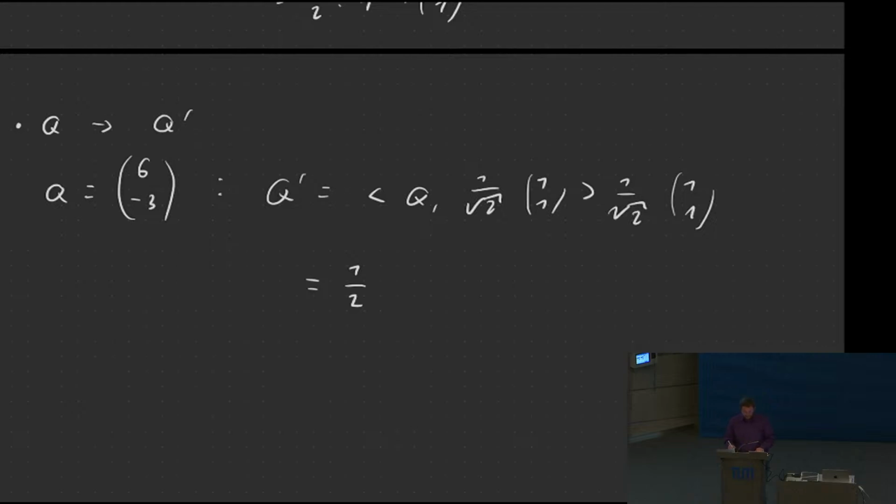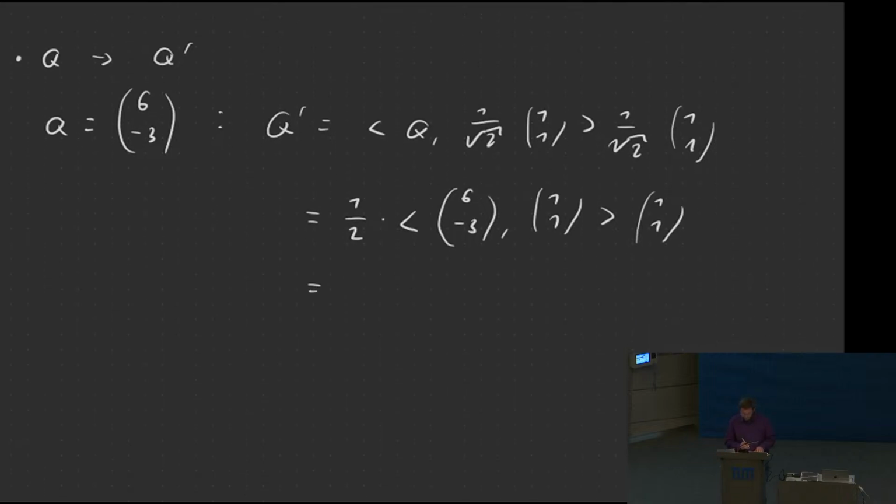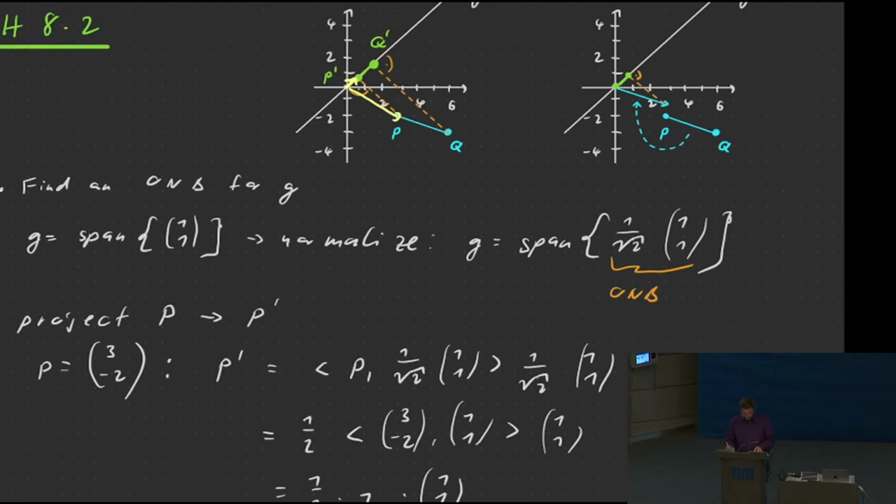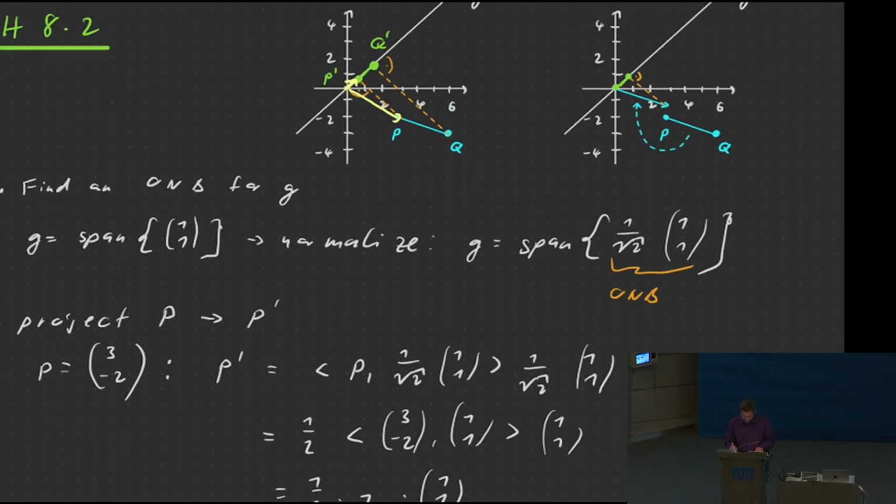I get 1 over 2 here, times Q is 6 minus 3. And we have the vector 1, 1 in here and 1, 1 out there. And so what we get is 6 minus 3 is 3, so that's 3 over 2 times 1, 1. And once again, what we are computing here technically is the projection of this vector here onto the line, so we get this red vector here. Right, that's Q prime.